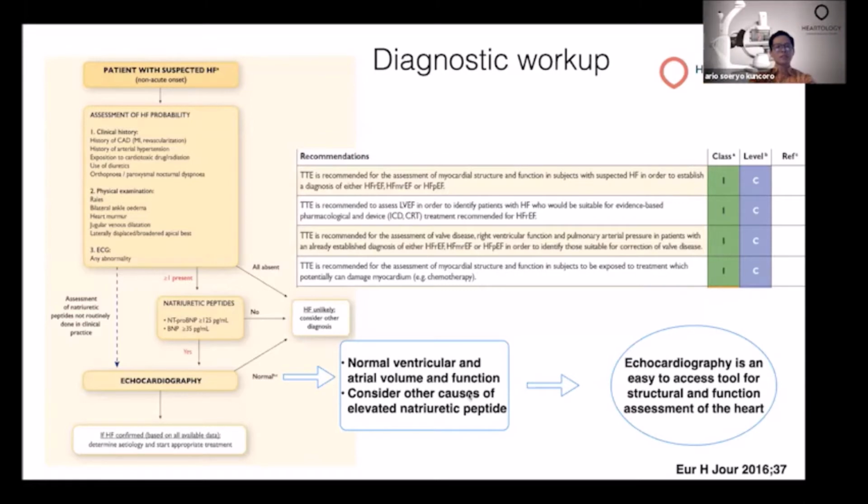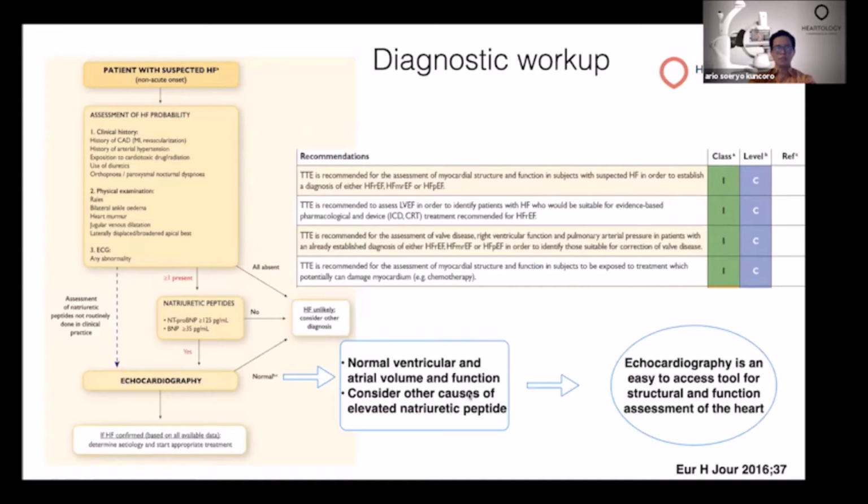Yeah, because echo can give you a lot more than the natriuretic peptide. If you have an increased level of BNP, then you conclude that the patient has a likelihood of heart failure, but you cannot explain to the patient the etiology or the pathophysiology, and you cannot explain the treatment procedures and so on based on BNP alone.